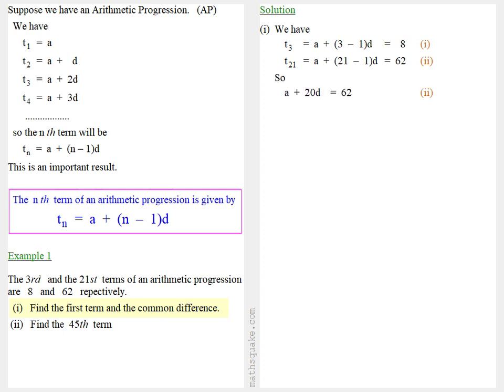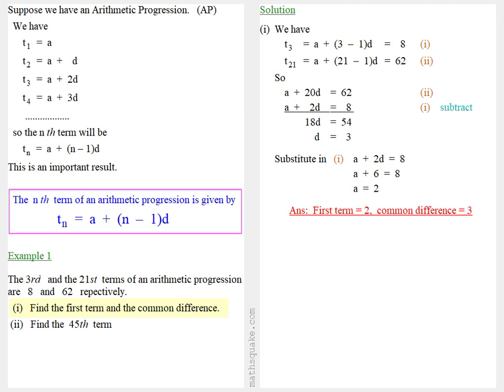So we have A plus 20D is equal to 62, and also A plus 2D is equal to 8. Now if we subtract those, the A's cancel out and we're left with 18D is equal to 54, so dividing by 18, D is equal to 3. Now if we substitute in equation 1, we have A plus 2D is equal to 8 and D is equal to 3. So A plus 6 is equal to 8. In other words, A is equal to 2.